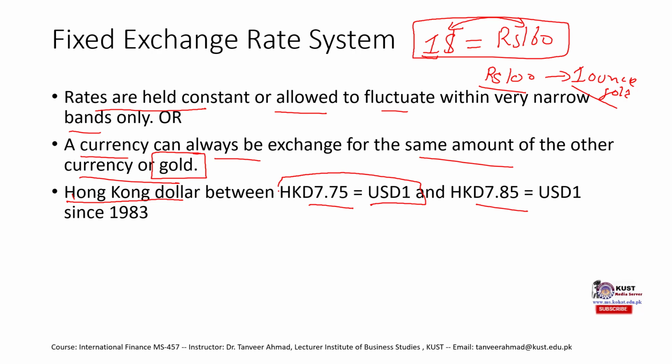So the exchange rate of $1 is equal to 7.75 Hong Kong dollars. This is also an example of a fixed exchange rate system, but in this case, you would get an idea that it is fixed, but it is allowed to vary within a certain range.